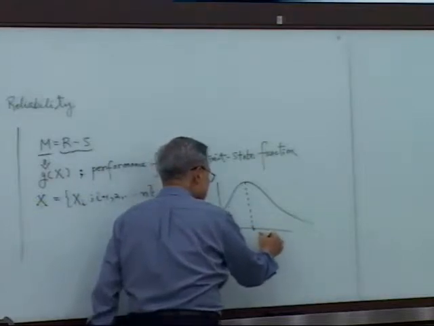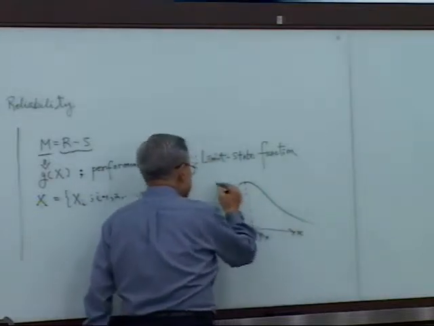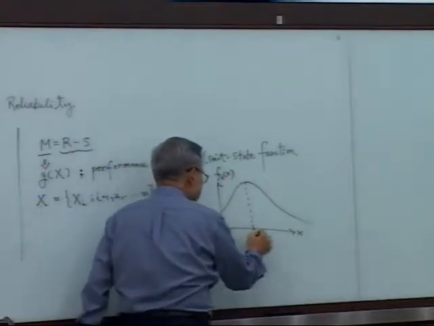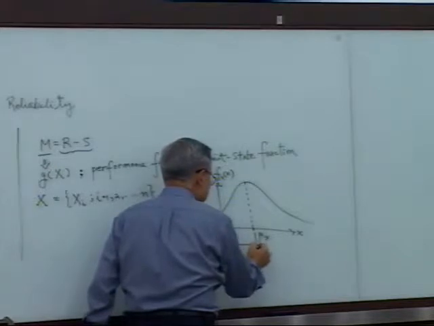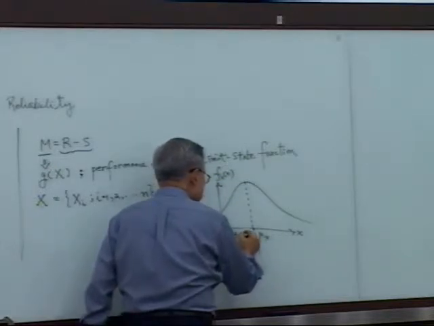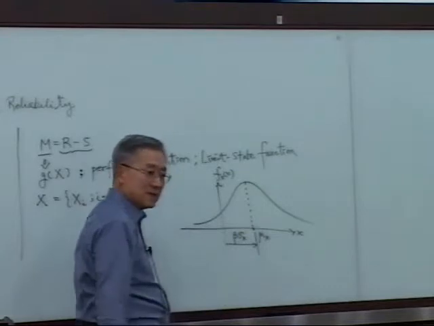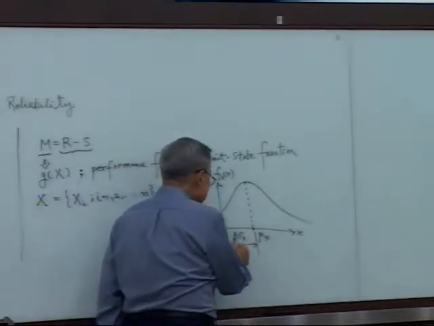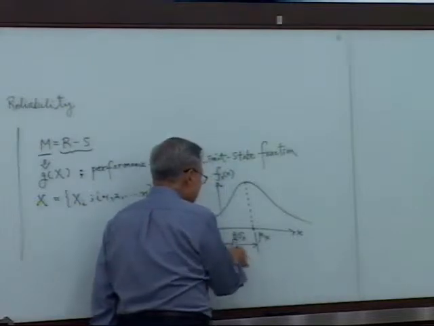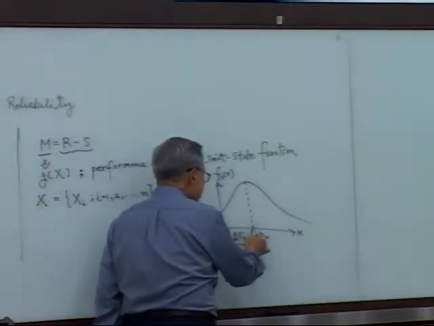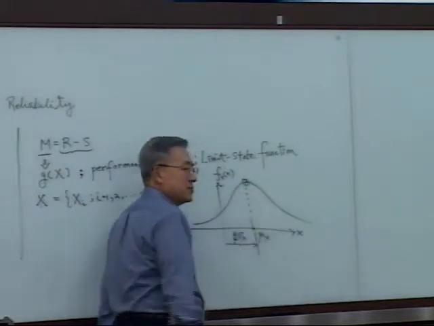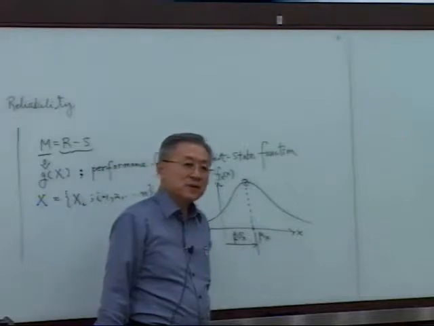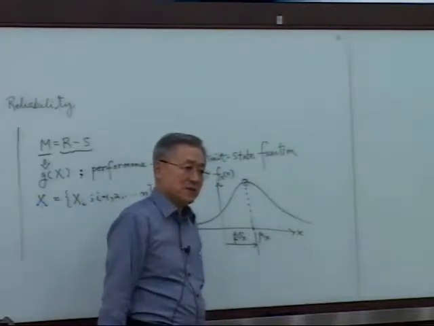This is mu x, this is x, this is fx. And from here to here is beta sigma x, right? This beta is the reliability index. From here to this point is the distance to the maximum peak of the probability density function.